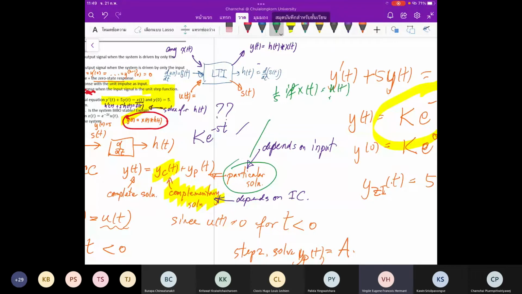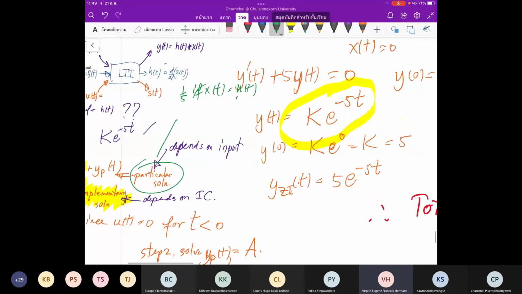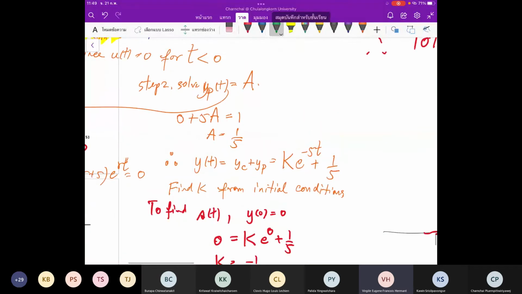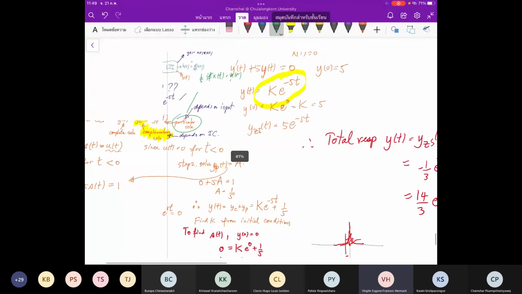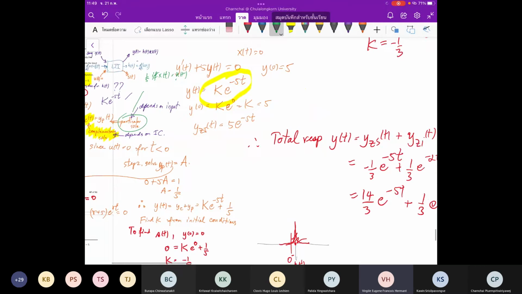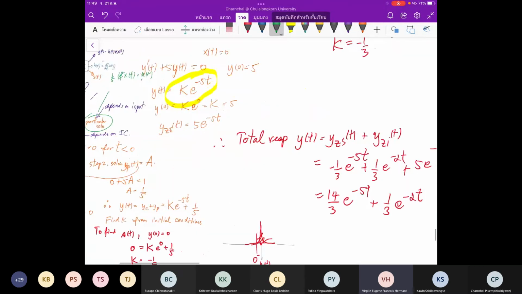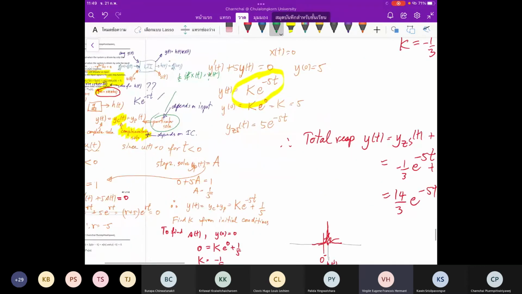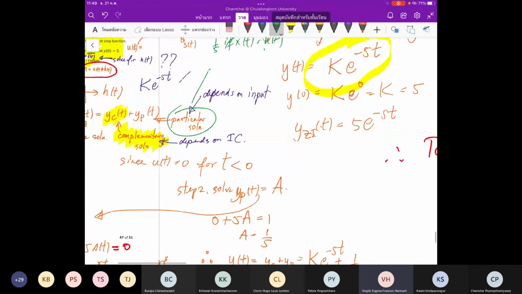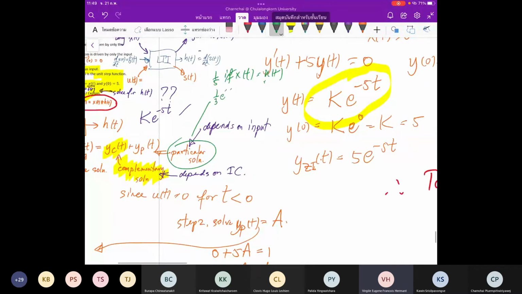But it changes to 1/3 e to the negative 2t if x(t) is e to the negative 2t u(t).